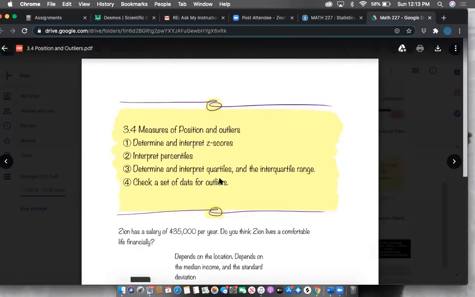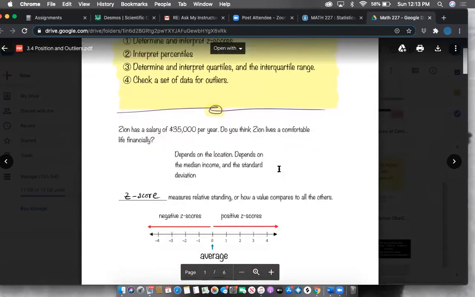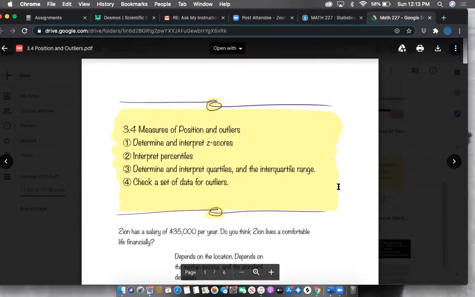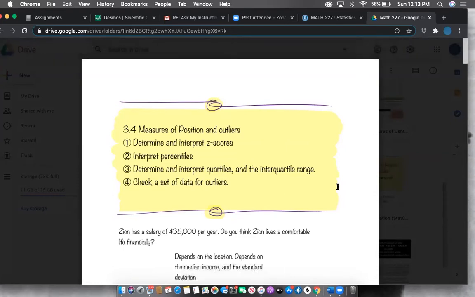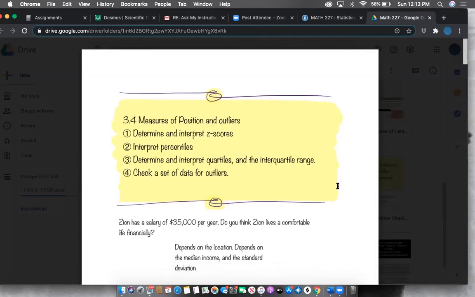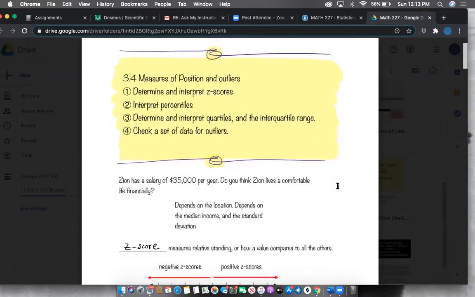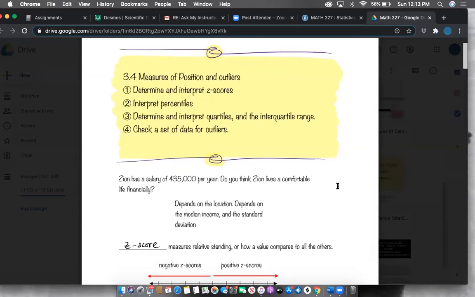You kind of need to know the topic of what we're doing. So look at part B. It says interpret percentile. That's what we were doing, right? Number 2 and number 3, that's what we just finished. We were interpreting percentiles, quartiles, and also the interquartile range. Part 4 says check a set of data for outliers.